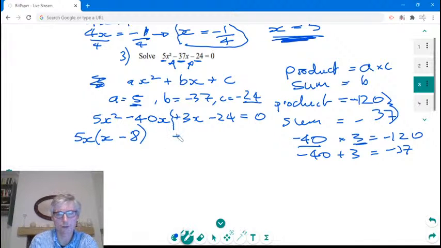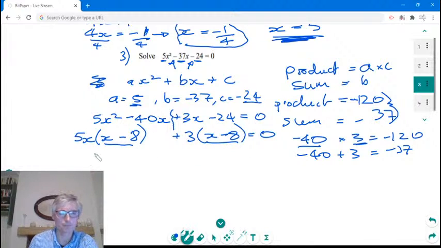If we look at the second half, you can see that we've just got a 3 as the common factor there. 3 means we need an x there to give us a 3x, and then that's going to be minus 8, equal to 0. And that's good news because we've got x minus 8 and x minus 8. If we get a repeated bracket, we know we're doing it okay.